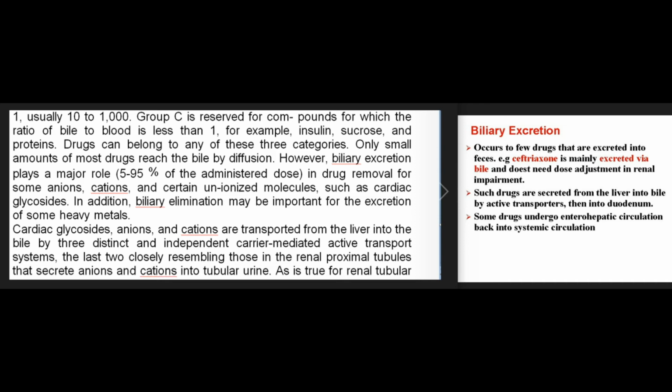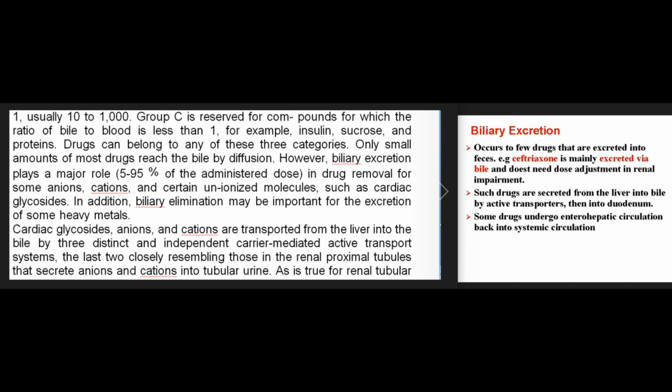Only small amounts of most drugs reach the bile by diffusion. However, biliary excretion plays a major role, 5 to 95% of the administered dose, in drug removal for some anions, cations, and certain unionized molecules, such as cardiac glycosides. In addition, biliary elimination may be important for the excretion of some heavy metals.